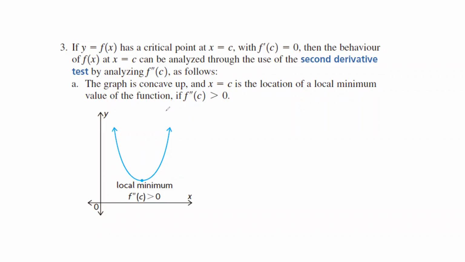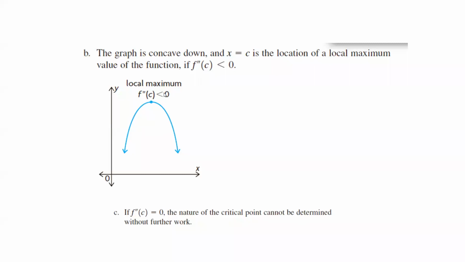We can say that the graph would be concave up, and we're going to have a local minimum at a certain point if the second derivative is positive at this point. Because if the second derivative equals 0, for example, at this point, it doesn't necessarily mean that the graph is going to be concave up, and it doesn't necessarily mean that this is going to be a local minimum. And you're going to see it in our further example.